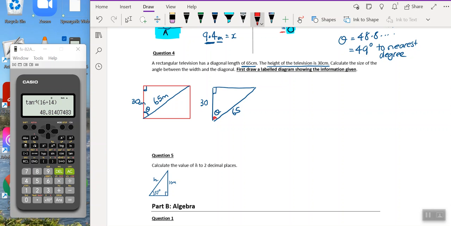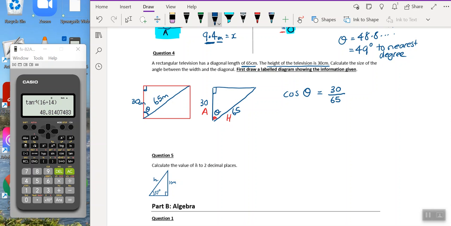From that angle there, we've got a hypotenuse and an adjacent. So what kind of question is this going to be? Sine, cos, or tan? I'm really hoping that you decided that this was a cos question. So cos of the angle we want to find is equal to 30, the adjacent, over 65, the hypotenuse.